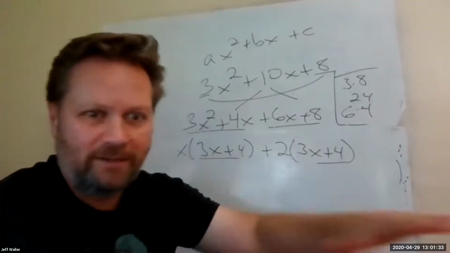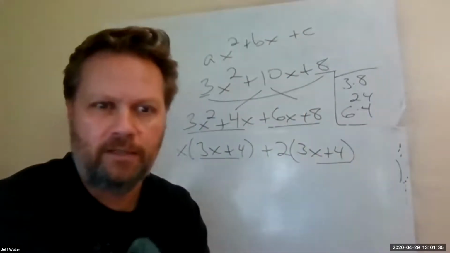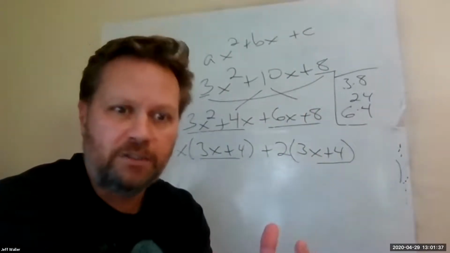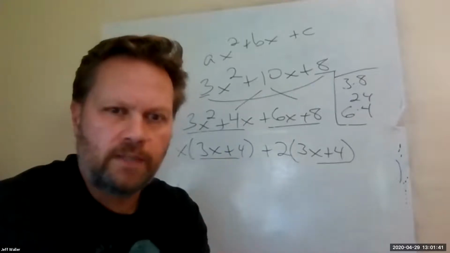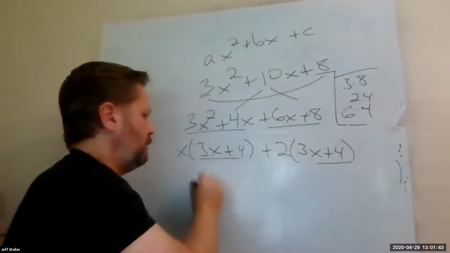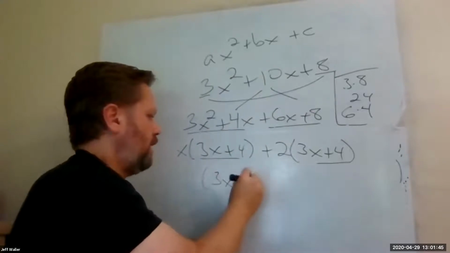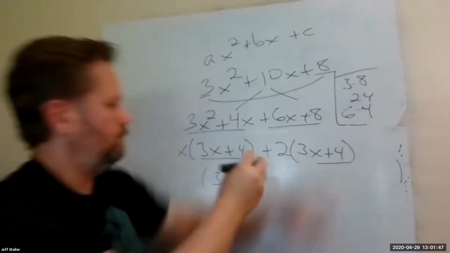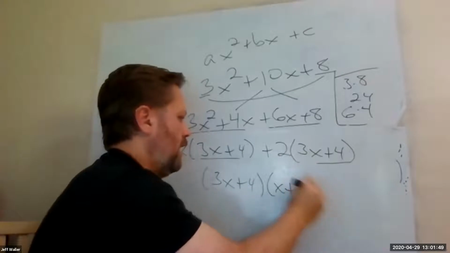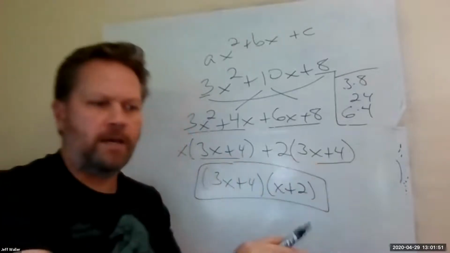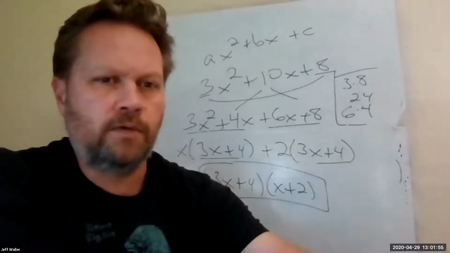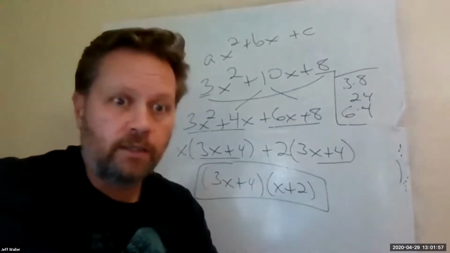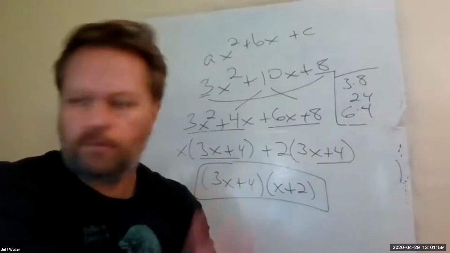So the last step would be take a 3x plus 4 out, and then I'm left with x plus 2. Now I know I need to go back and do some more grouping examples, because we'll never be able to do section 7.3 if we don't have grouping down.